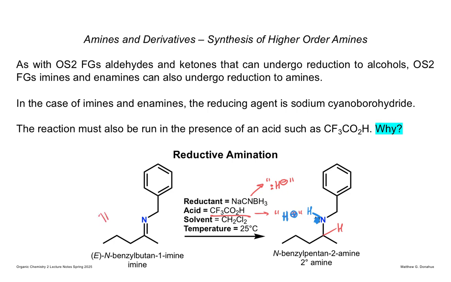So based on what we're starting with, we're starting with that ketone. We're condensing it with that amine. That's a primary amine. We form the imine, and then when we reduce it, we end up with a secondary amine.